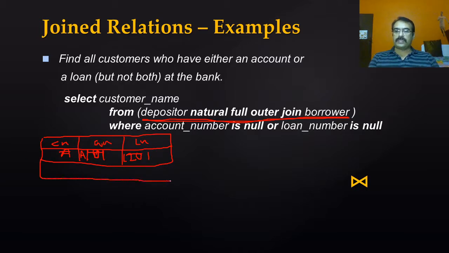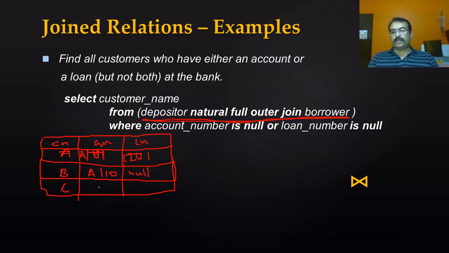We have another customer who has only an account but not a loan. Let us say that it is B, who has an account number 110 and is not having any value in loan. Is it possible? This is a left outer.